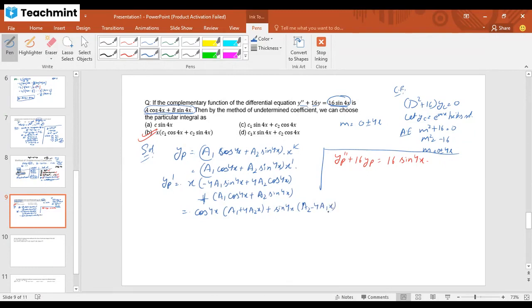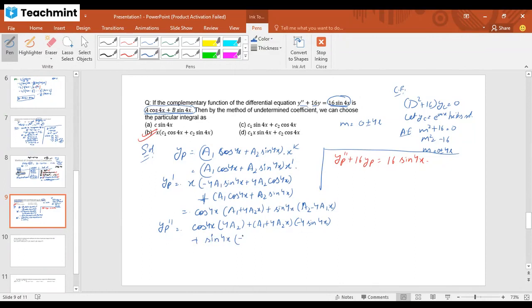Similarly, for the second order derivative, again we apply the product rule. First function, cos 4x, into derivative of second, 4a2x, is 4a2, and a1 plus 4a2x into derivative of cos 4x is minus 4 times sin 4x, plus sin 4x as it is.